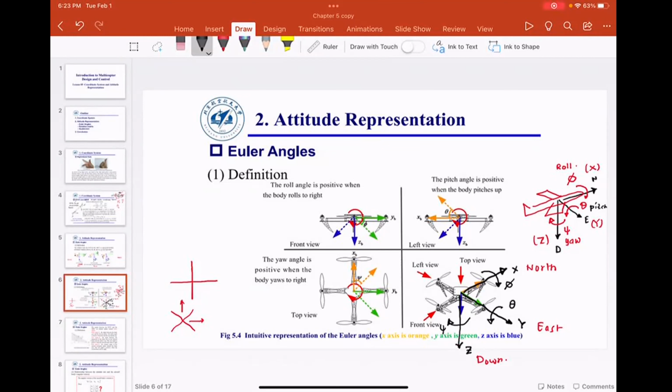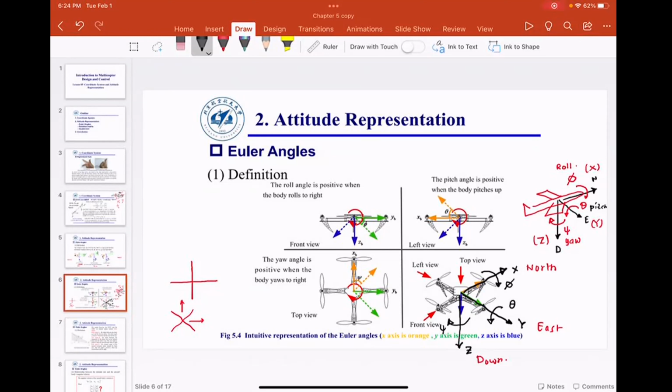And please understand that the coordinate systems are very, very important, because if your coordinate systems are not aligned, then your answers won't be correct, your signs won't be correct. Now, at this point, I want you to visualize what we mean by the yawing motion of the quadcopter. Yawing means the quadcopter is rotating in the horizontal plane.